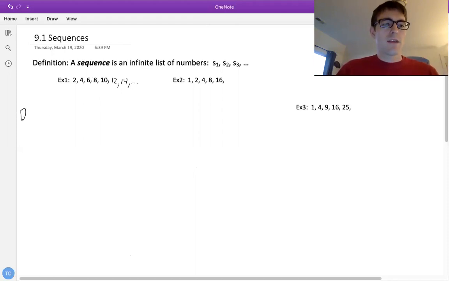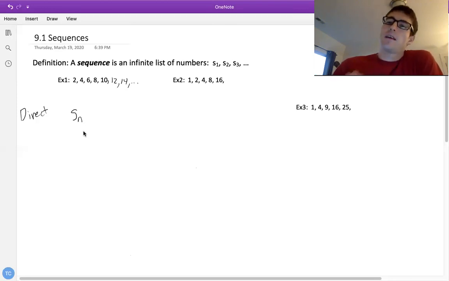So we might say that the direct way of talking about the sequence is, well, this is S1, and then the second number is S2, etc. If we have some way of saying what Sn is, the nth term, if there's some way that we can write that in terms of n, then we can define our sequence this way.